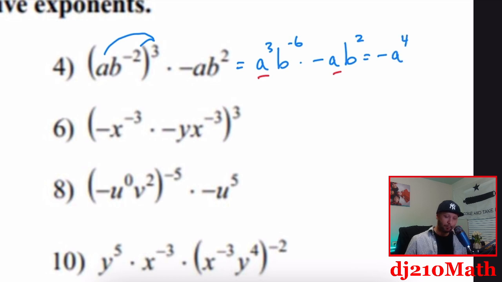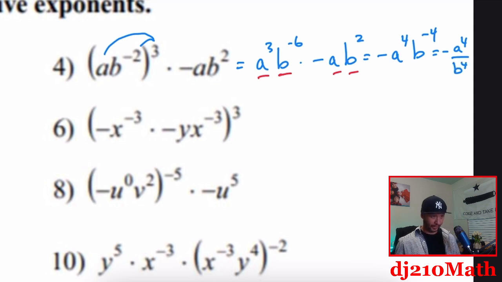Add them, a to the 4. B to the negative 6, b squared. Again, we add them. So this is going to be b to the negative 6 plus 2, which is negative 4. So clearing the negative exponents, we have negative a to the 4 over b to the 4.